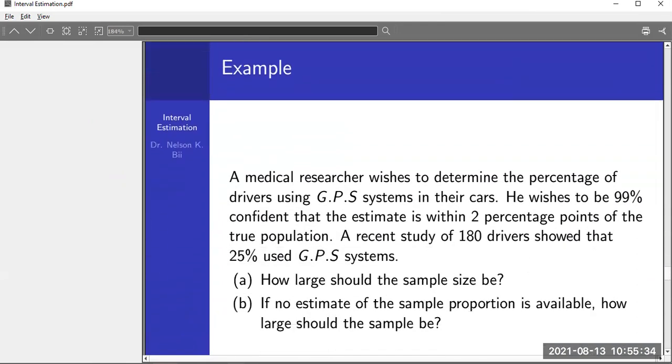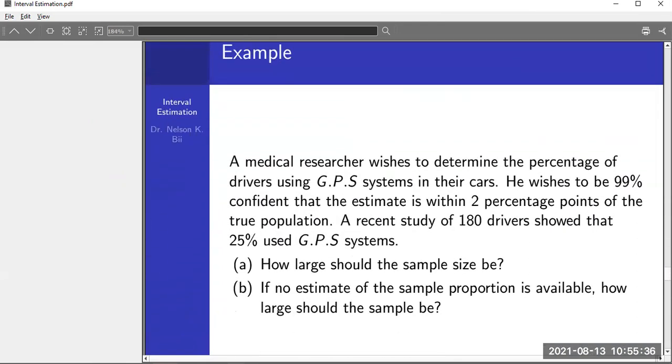So a question here. Antonia, can you read for us this example? Okay, a medical researcher wishes to determine the percentage of drivers using GPS systems in their cars.